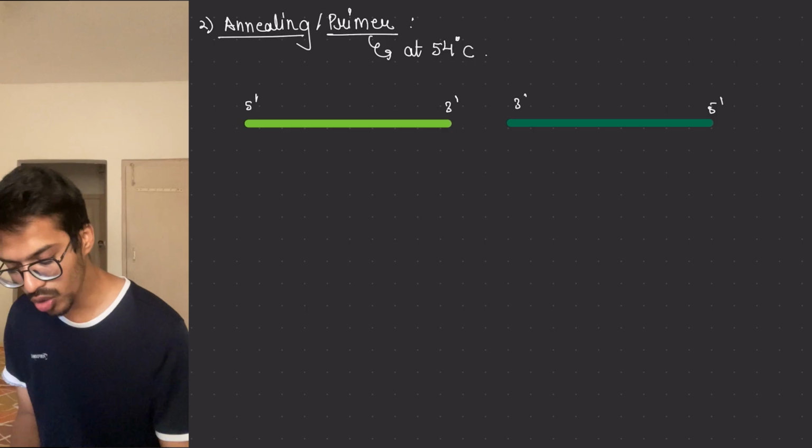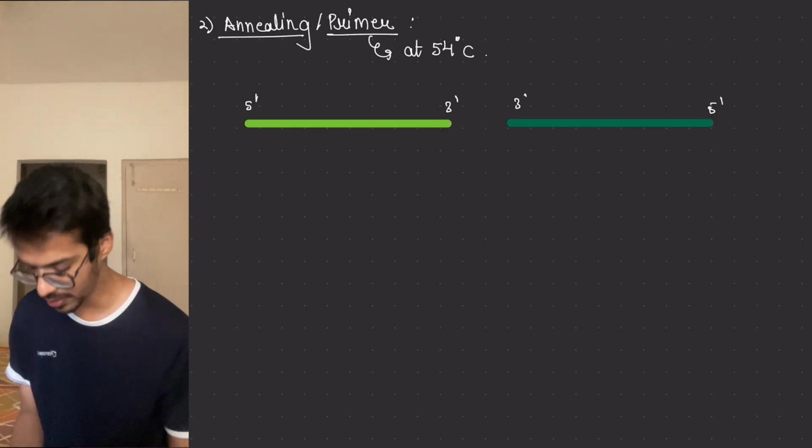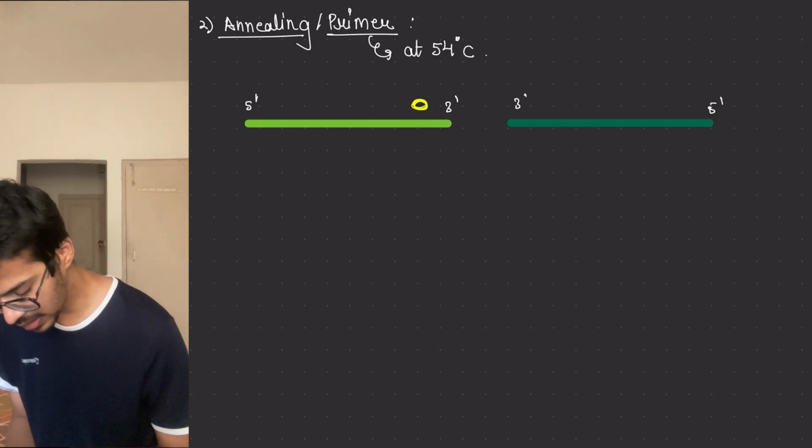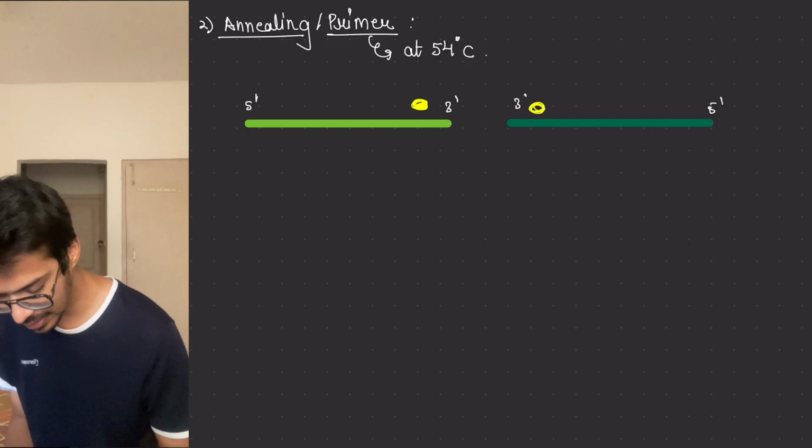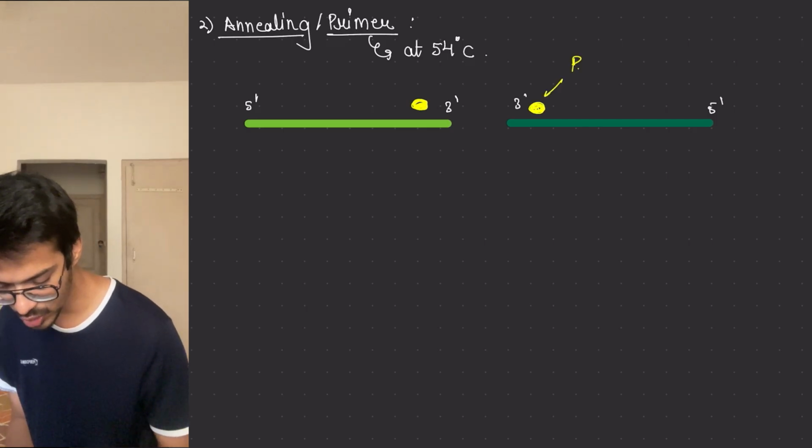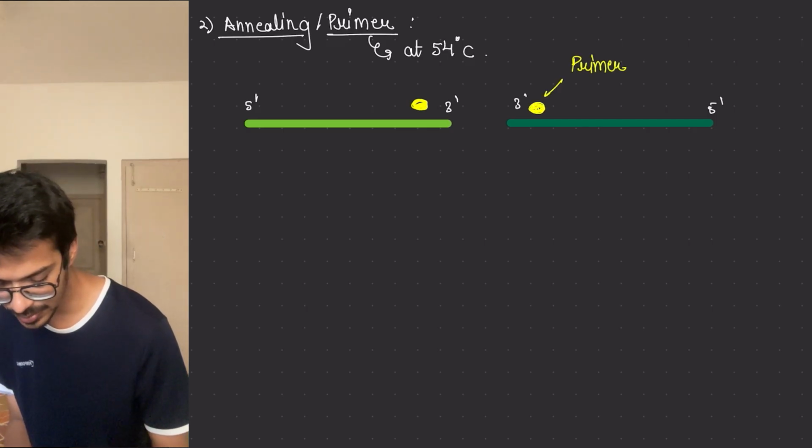Your primer will come and join over here. The primer will come on this 3' end, and here it will come on this. This is the primer only.